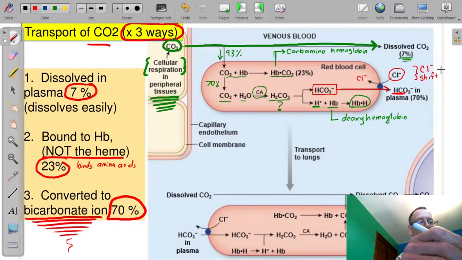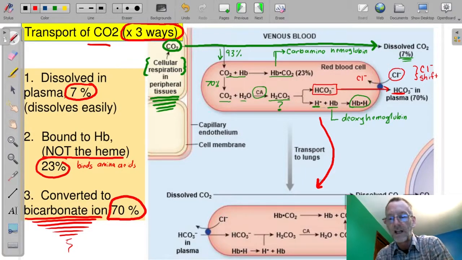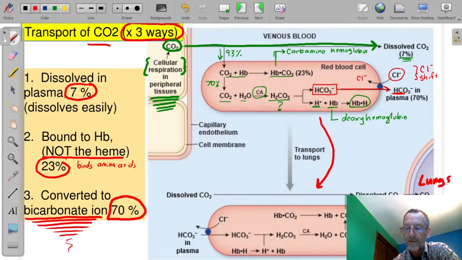So we've loaded the carbon dioxide at the tissues, and now we go off to the lungs. It gets transported to the lungs, and now everything runs exactly backwards. All you have to do is turn all of the arrowheads around and move them in exactly the opposite direction, and we're done. So all of this upper part of the story has now been delivered to the lungs, and we need to get rid of the carbon dioxide.